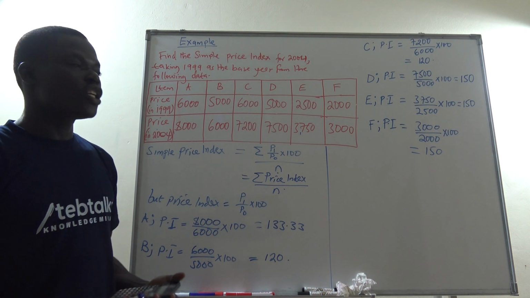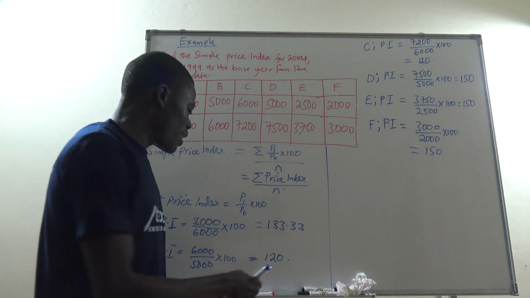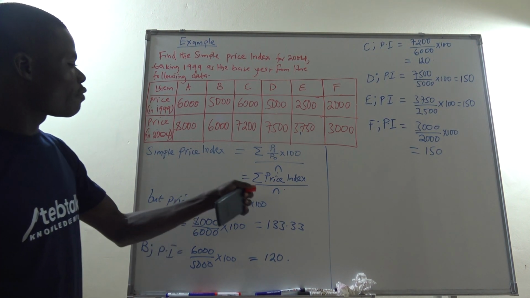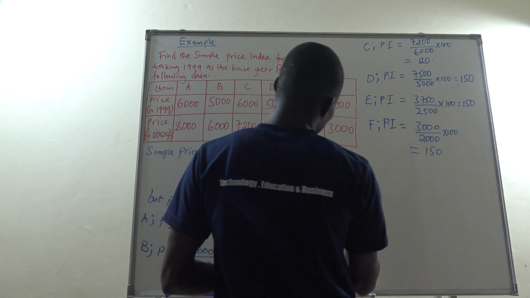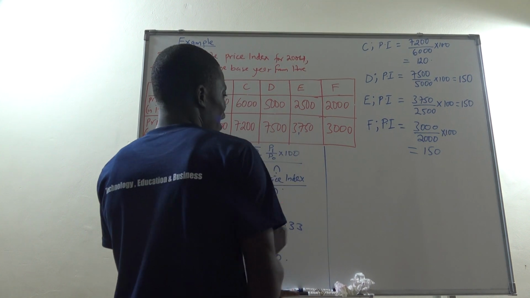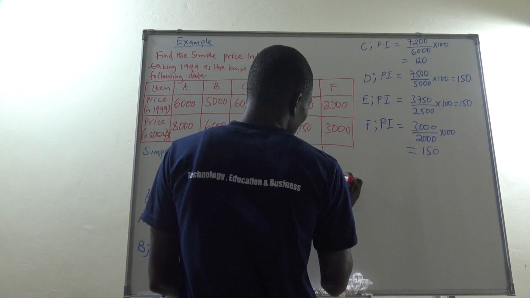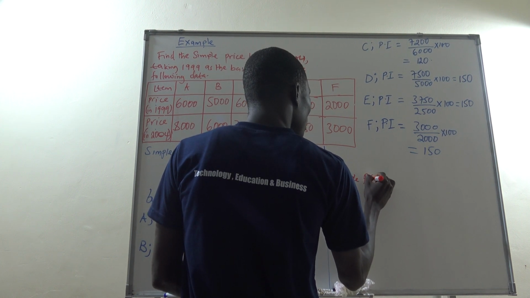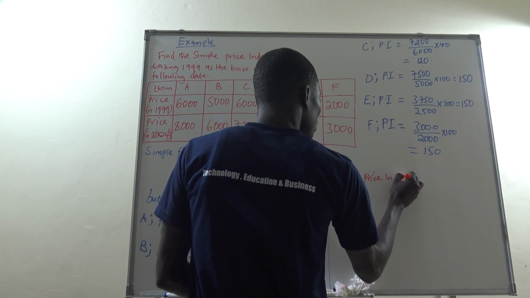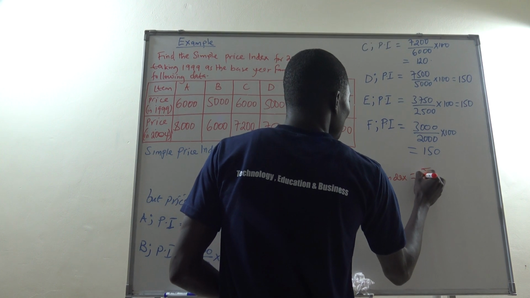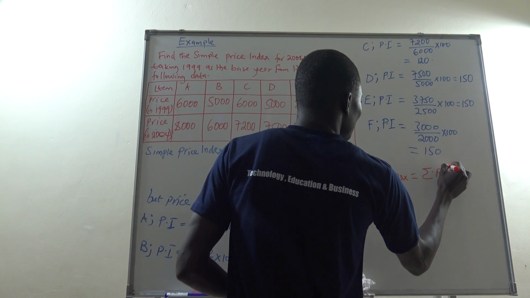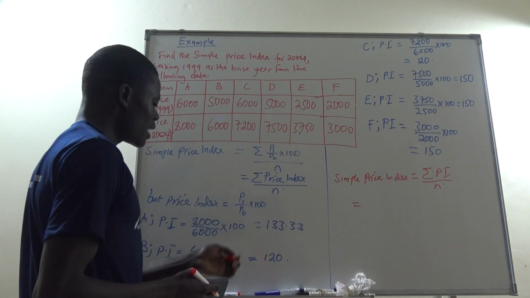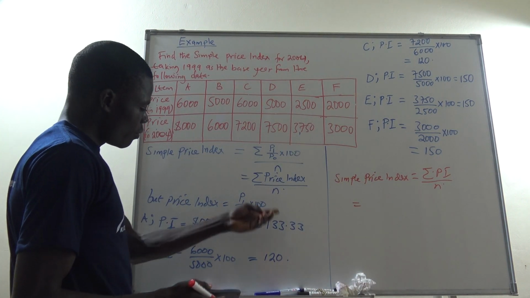Now after finishing getting the price indexes or price relatives, you come and get the summation of price index or price relative divided by N. That is our simple price index, which equals the summation of price index divided by N. We have already generated them, so we add them.